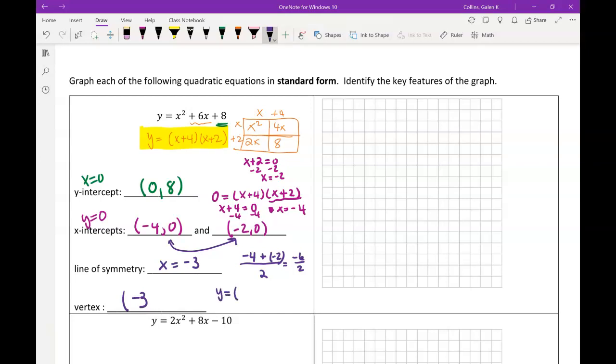So if I plug in negative 3 for x, well, negative 3 plus 4 is positive 1. Negative 3 plus 2 is negative 1. 1 times negative 1 is negative 1. So my vertex here is at (-3, -1).